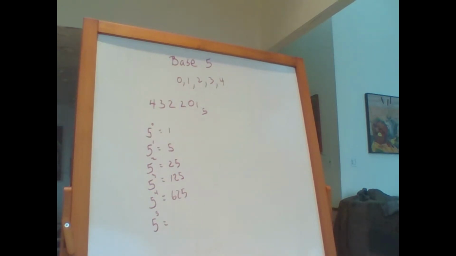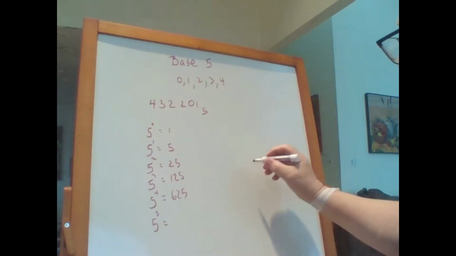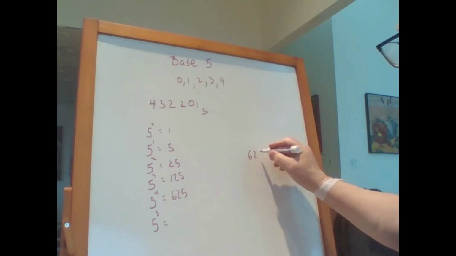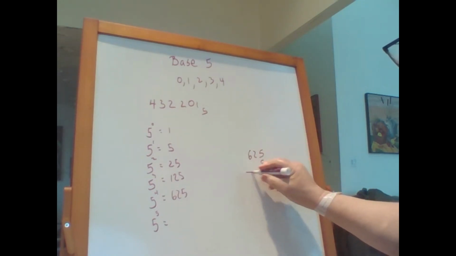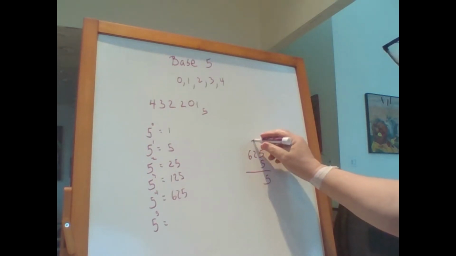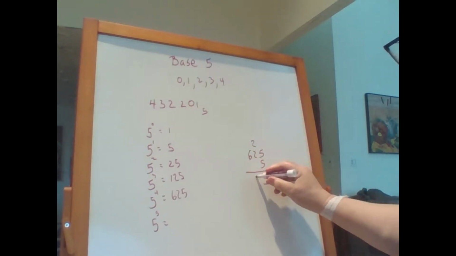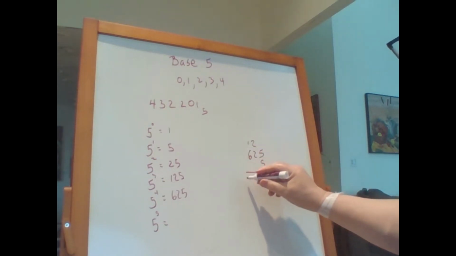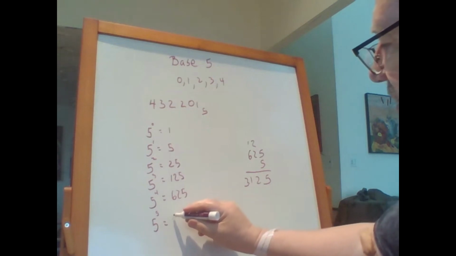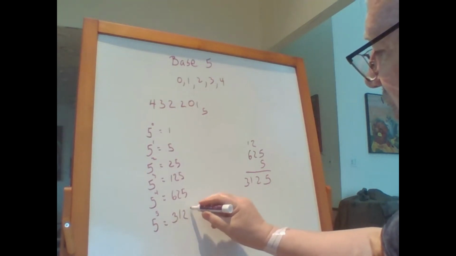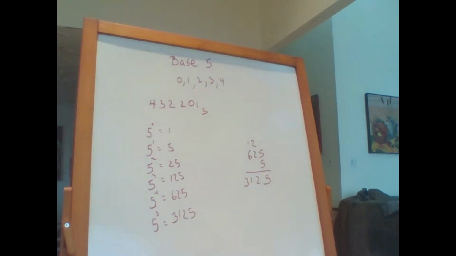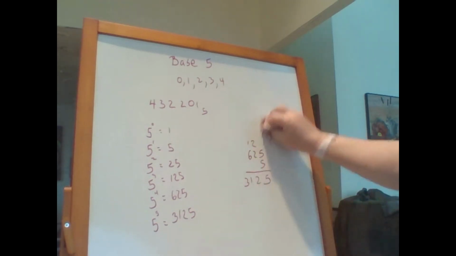So 625, and this one is 625 times 5. That's 3125. Let's just do it again to make sure.